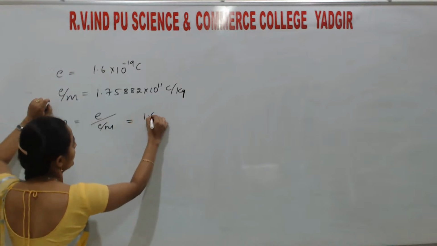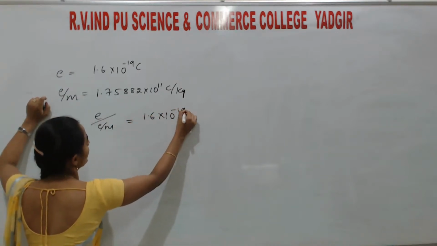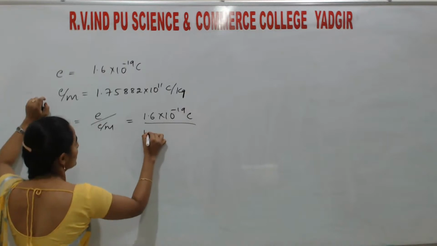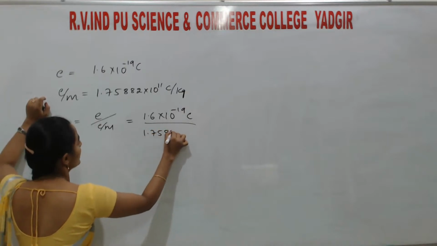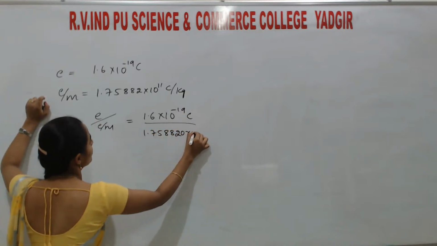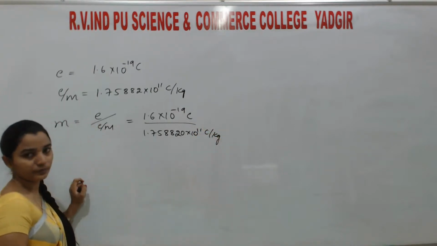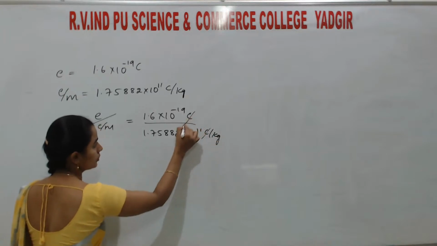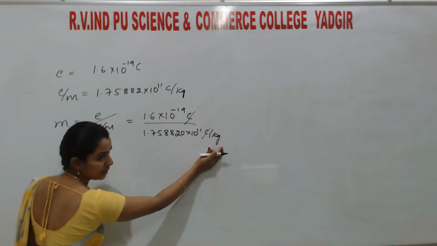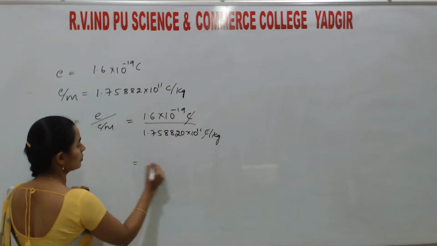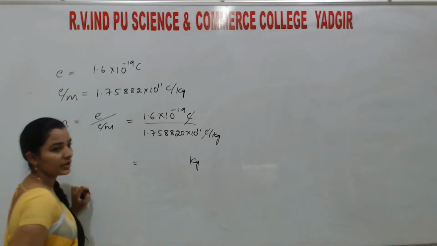So this is 1.6 into 10 to the power of minus 19 coulomb divided by 1.75882 into 10 to the power of 11 coulomb per kg. Listen, the coulomb gets cancelled. Kg is in the denominator, so if it goes to the numerator it becomes kg.